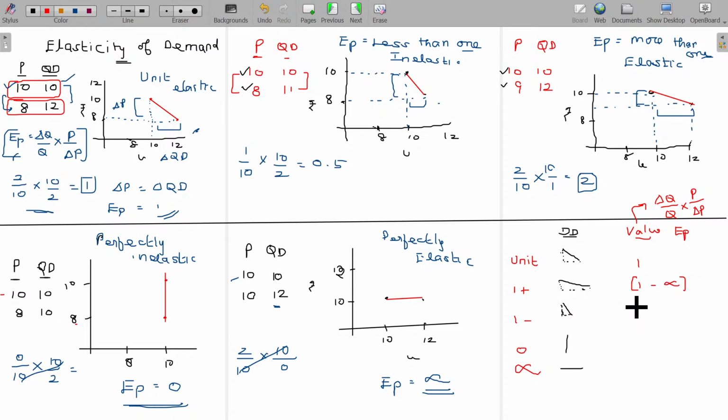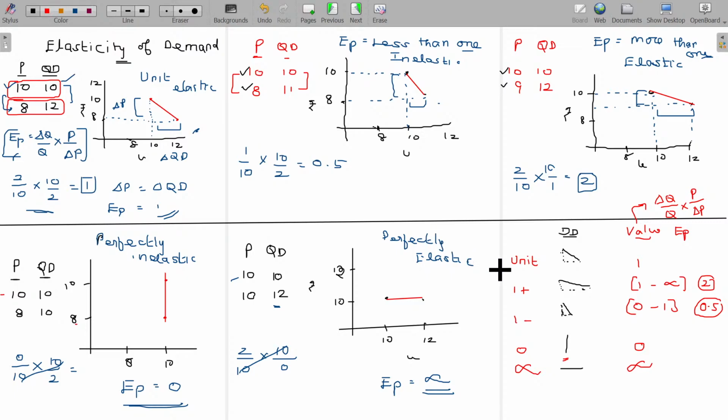Less than 1 means it should be anywhere between 0 and 1. Probably it may be like 0.5, a fraction. And when perfectly inelastic happens, it is 0; perfectly elastic, it is infinity.